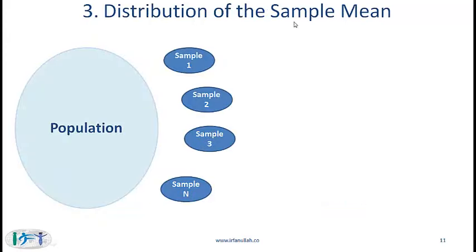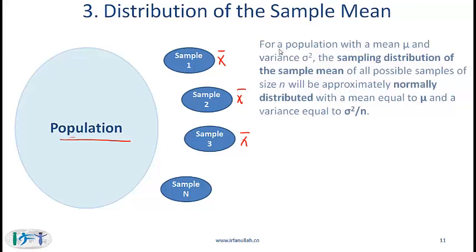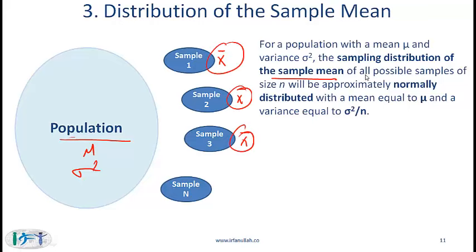Distribution of the sample mean. Let's say you draw several samples from the population, and for every sample you compute the mean. Clearly, there will be a certain distribution for the sample means, and that is what we are going to talk about. For a population with mean mu and variance sigma squared, the sampling distribution of the sample means, so that is the distribution of the x bars, of all possible samples of size n.